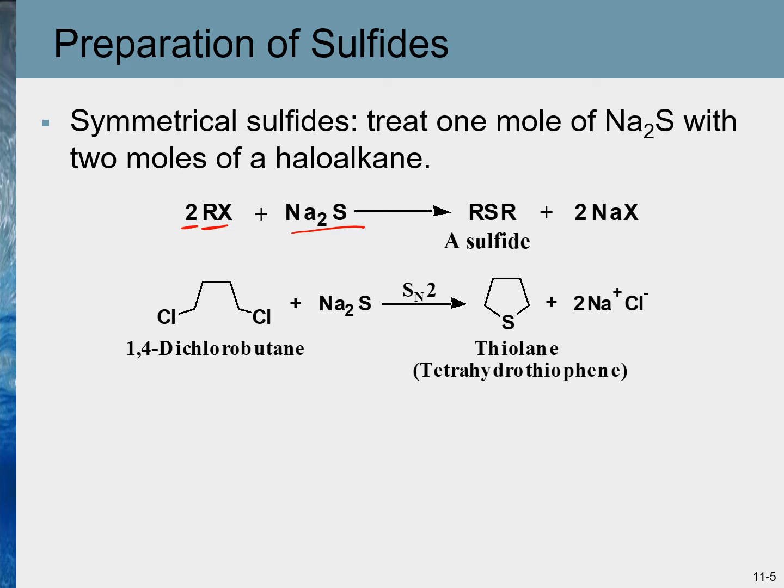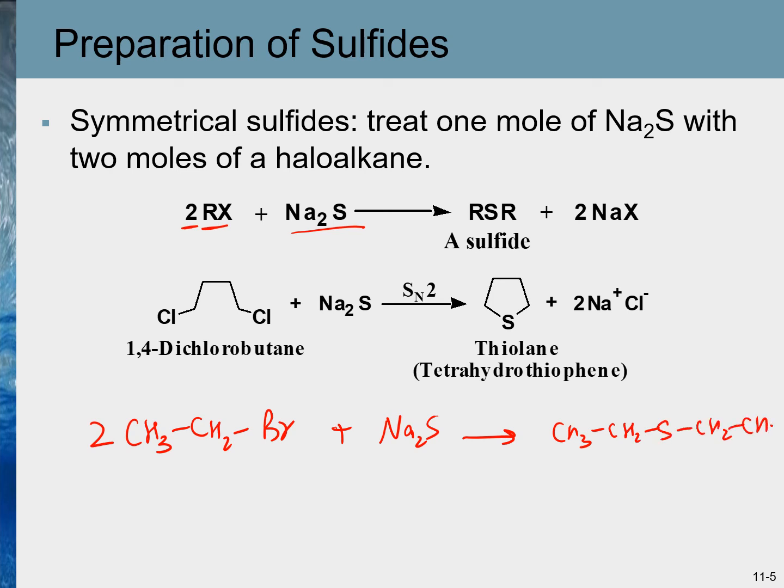For example, if we react 2 moles of bromoethane with sodium sulfide, we will get diethyl sulfide plus 2 moles of NaBr.